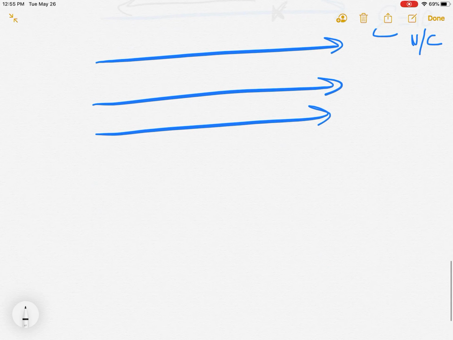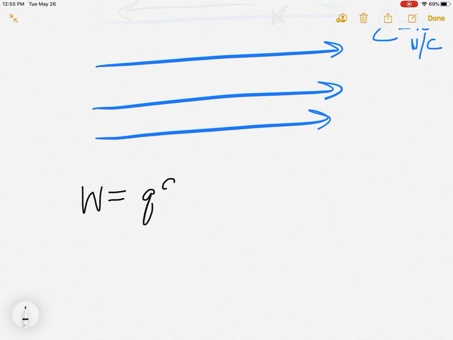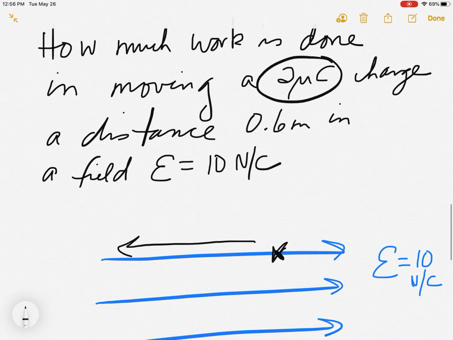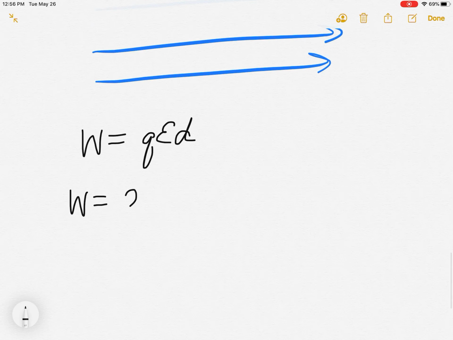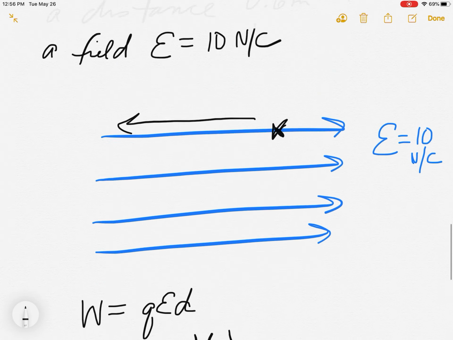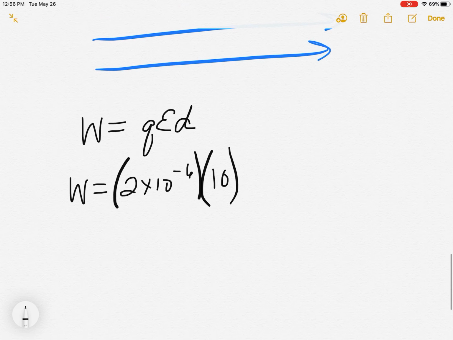Okay, well, our work equation comes from work equals, it's a constant field of 10 newtons per coulomb. So work equals QED, constant electric field of 10. So what we're going to do is find out how much work is done by saying, well, we're going to take this charge of 2 microcoulombs, so 2 times 10 to the negative 6, and we're going to push it through the field, which is 10 newtons per coulomb, a distance of 0.6 meters.